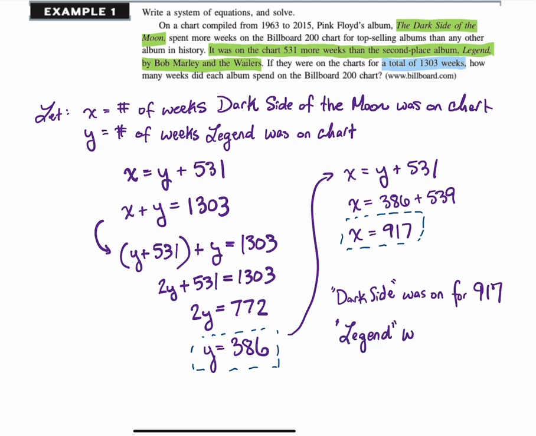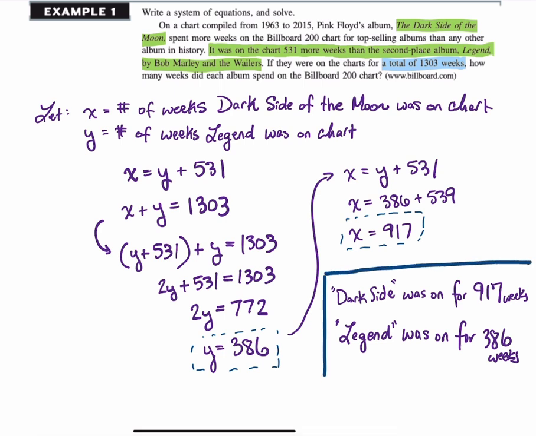Legend was on for 386 weeks. Insert weeks. So since it's a word problem in context, I usually want to give my answer in context of what these variables were describing.